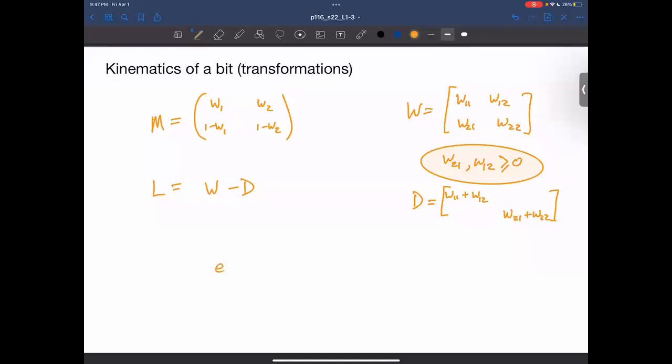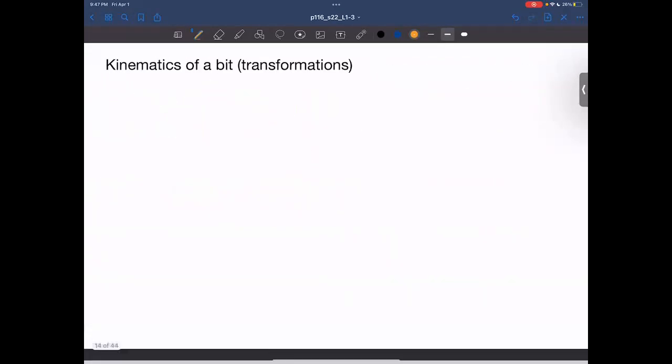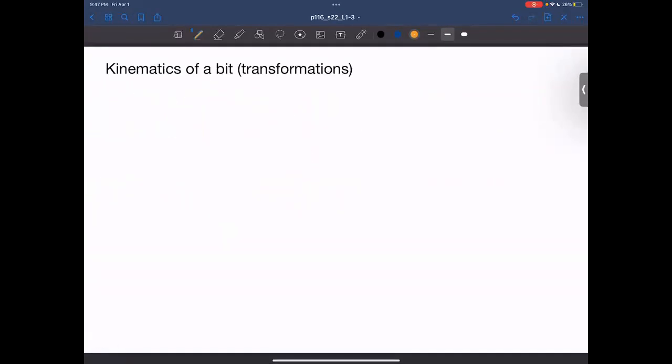So last point here, we take e to the LT times p equal to p prime. Okay, so with that, we're just about out of time, and I think there's not much more to say.